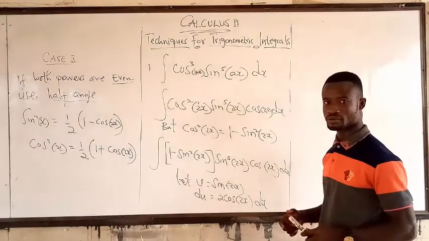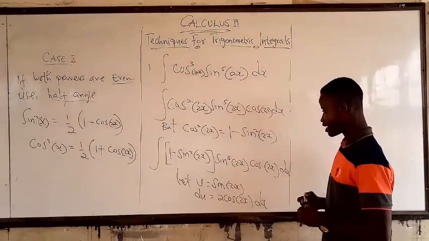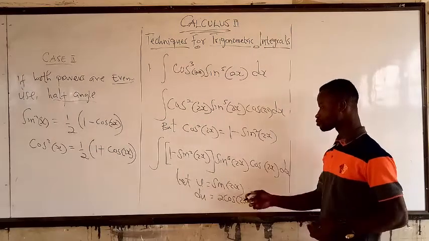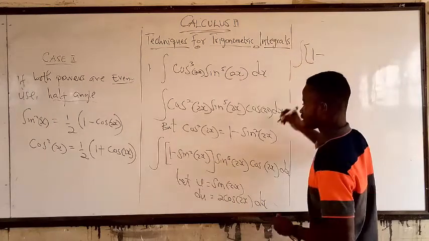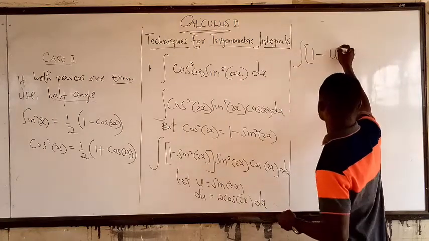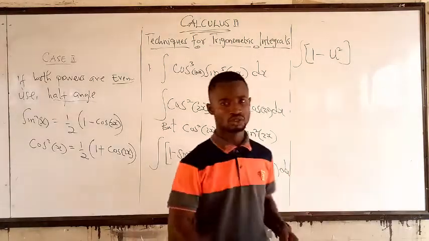Alright. So let's continue. Having this, by substitution we get 1 minus u squared. Hope you can see from there. 1 minus u squared.